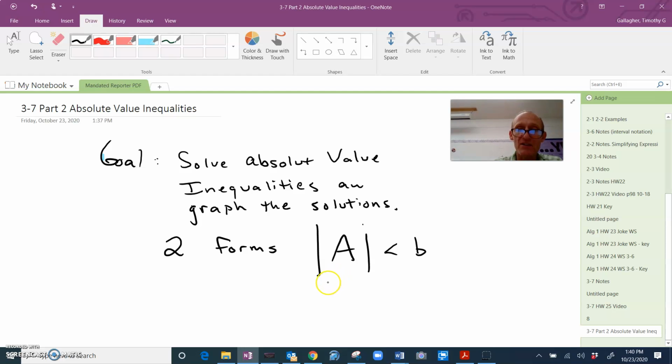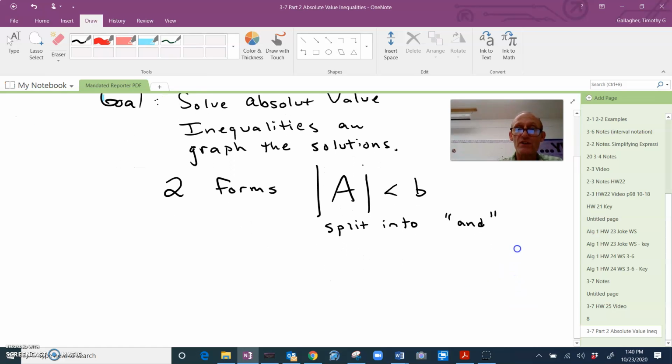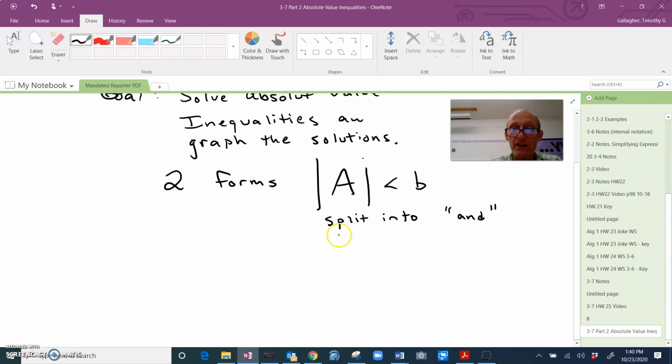So what this means is you're going to split into an AND problem. So this is a compound inequality that splits like this. Whatever's inside is less than B and greater than negative B. So we drop the bars and split it into an AND inequality, a compound inequality.